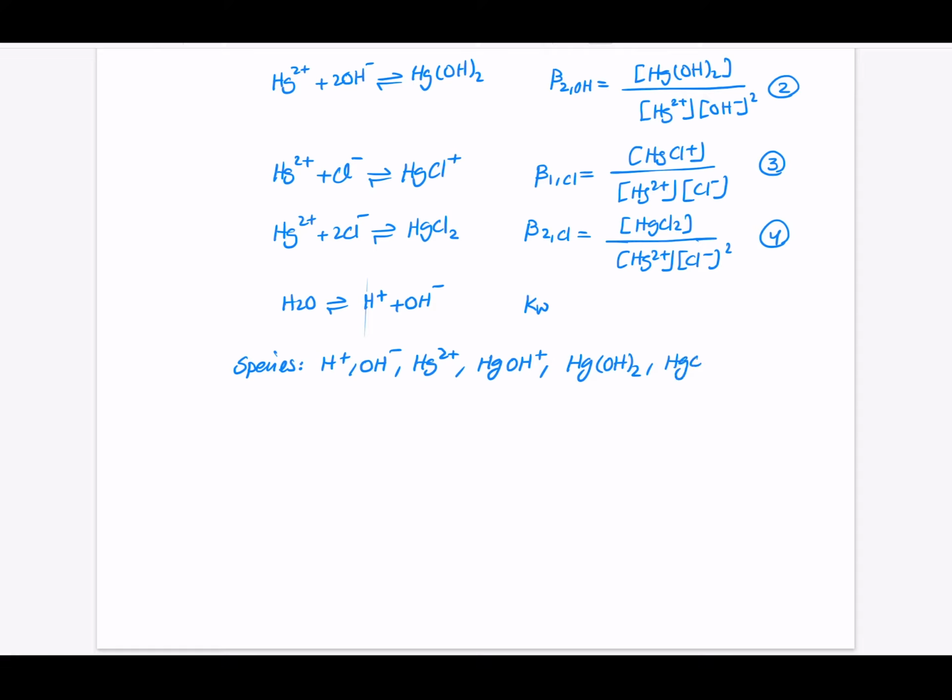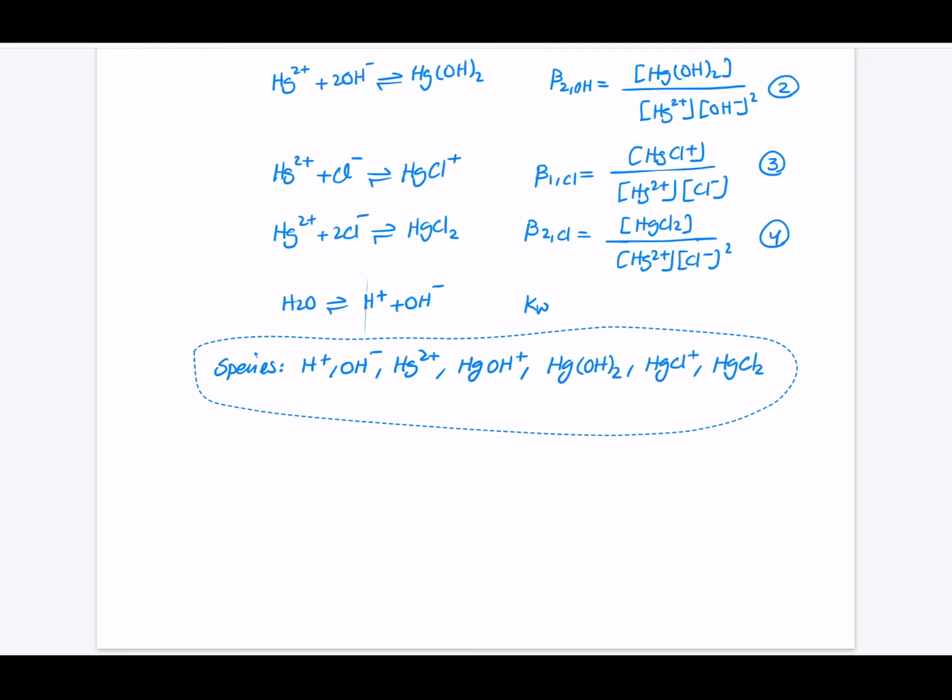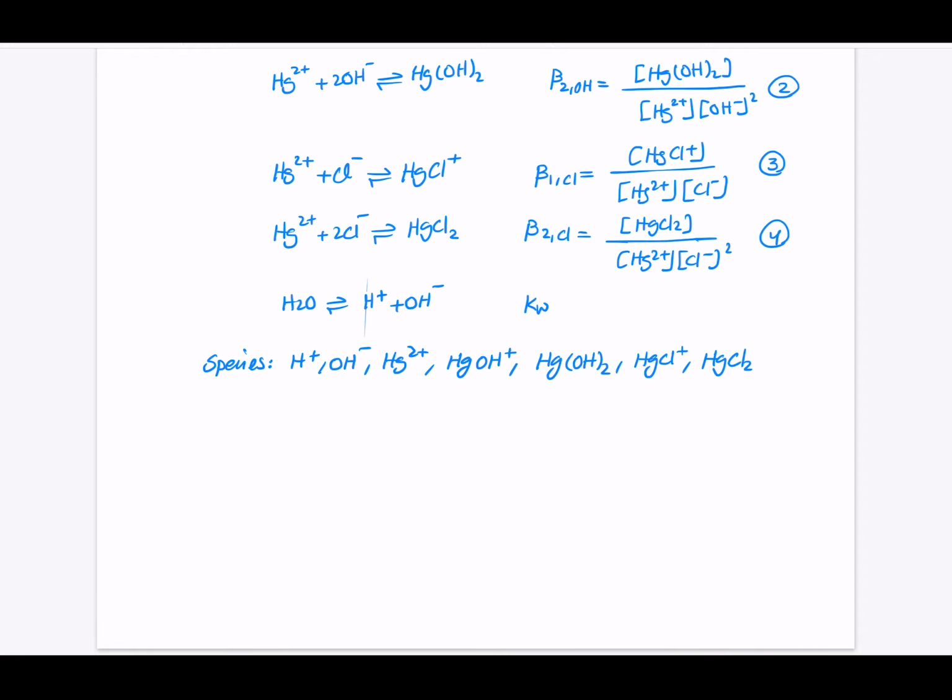Exactly. So HgCl plus and HgCl2. Anything missing here? Exactly. So Cl minus could also be a part of the speciation.